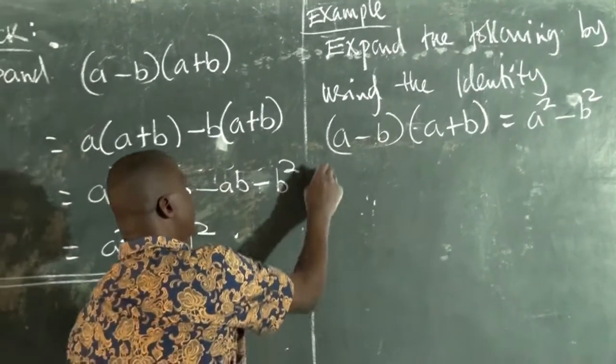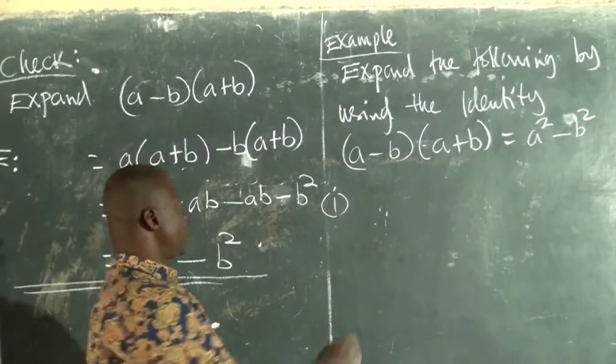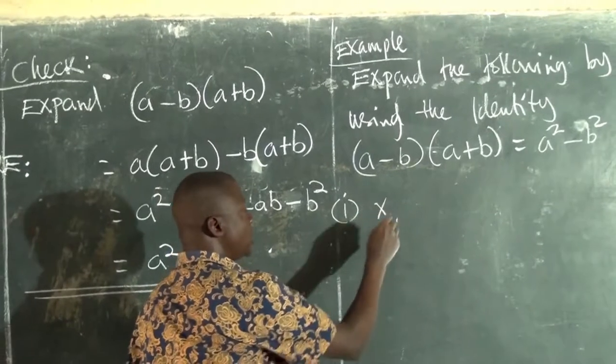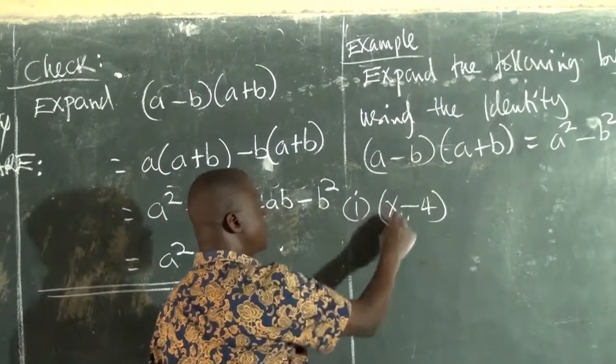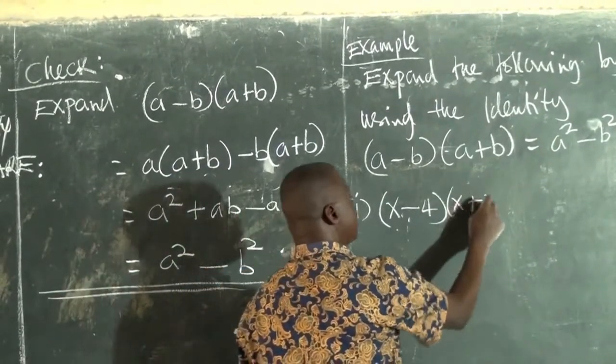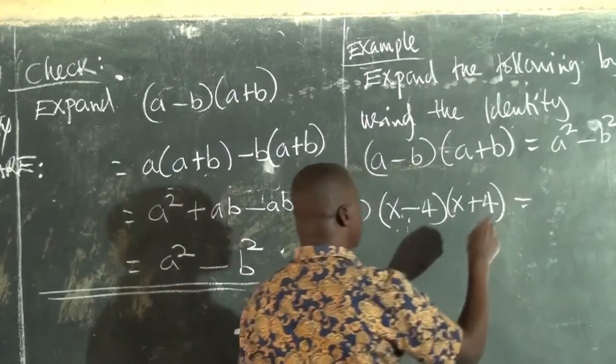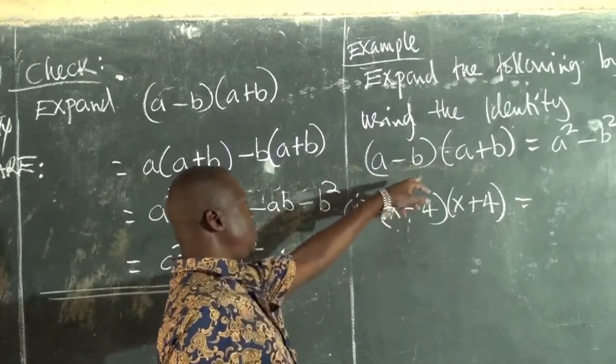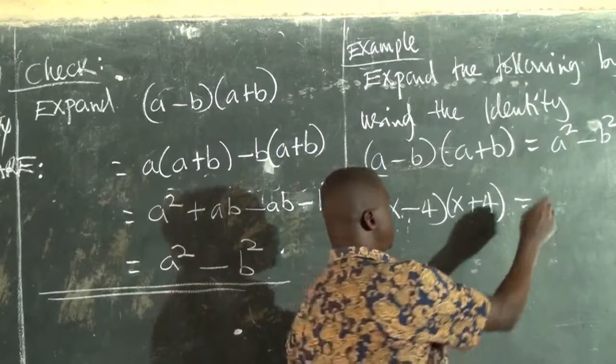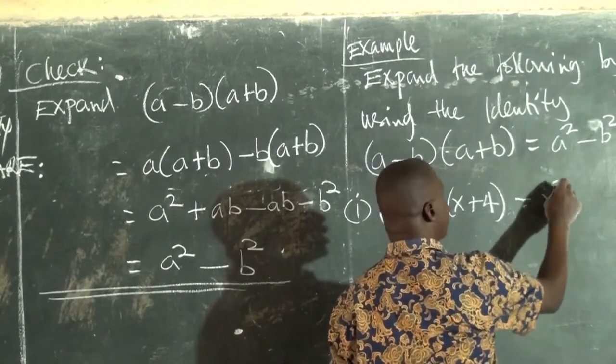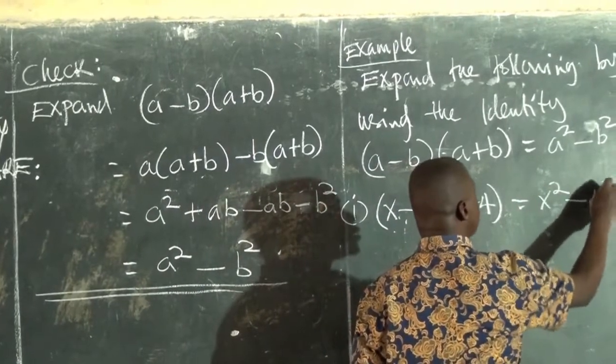We have case 1 here. We have x minus 4, then x plus 4. This is the same as, let us use this identity. It is x squared minus 4 squared.